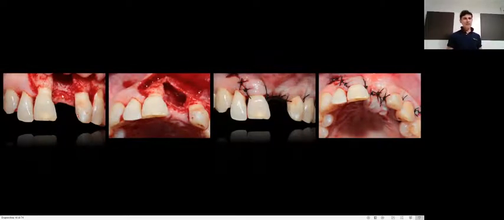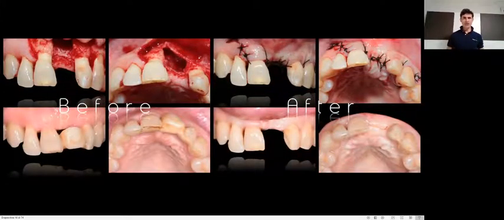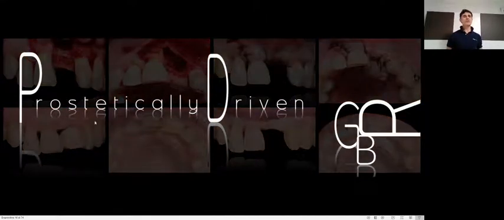With the first step, the preservation of the ridge, the suture, and the maturation of the soft tissues, by following the concept of a prosthetically driven GBR.